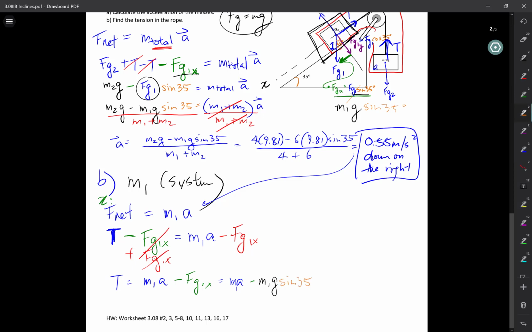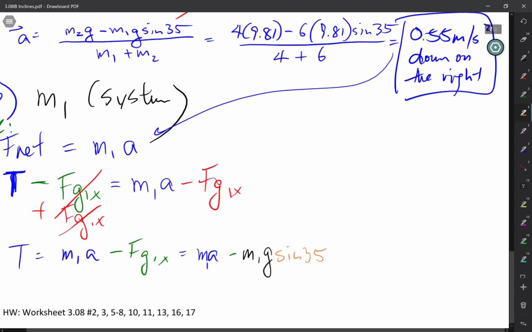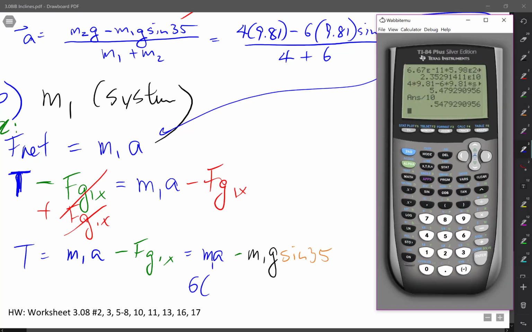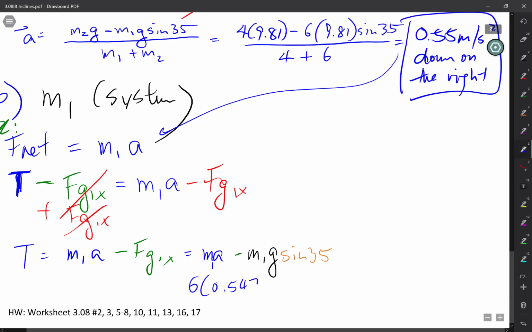So let's calculate this out. We have mass 1 as 6 kilograms, I believe. So this is 6 times the acceleration, and of course I'm going to use the non-rounded value, 0.5479 meters per second squared, minus mass 1 again, which is 6, times gravity, 9.81, times sine of 35.